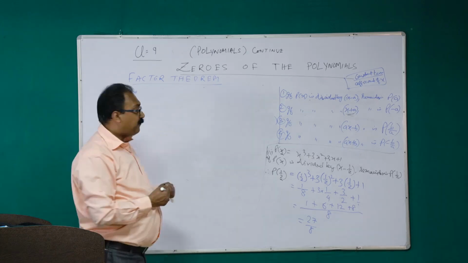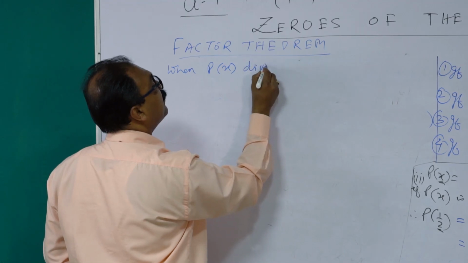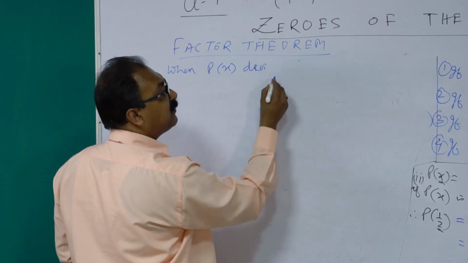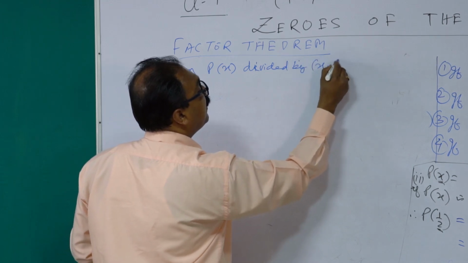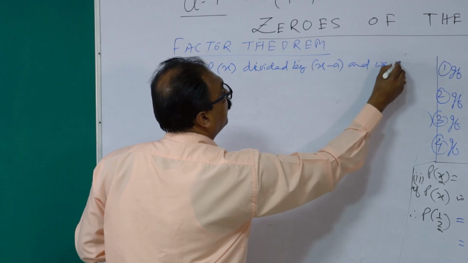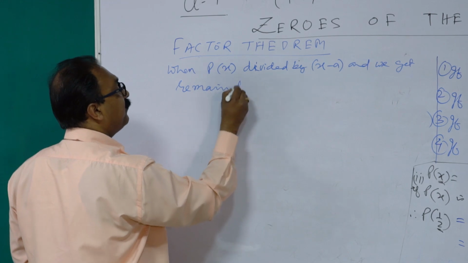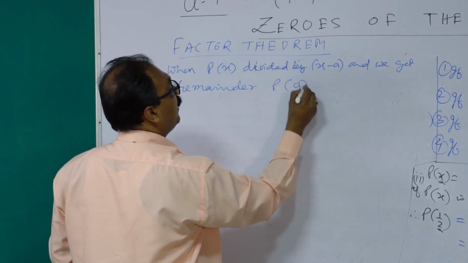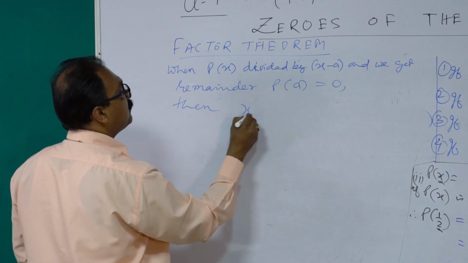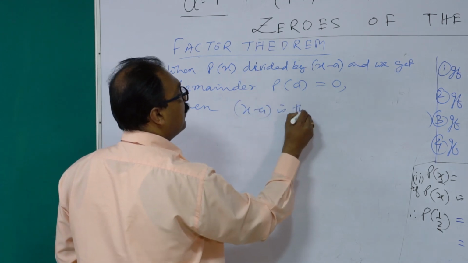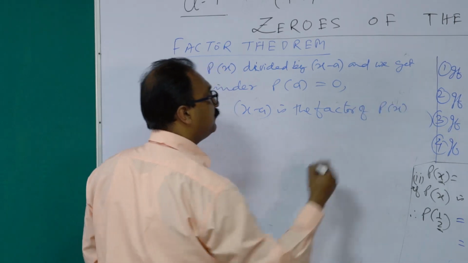Two things: if P of x is divided by x minus a and we get remainder P of a equal to 0, then x minus a is a factor of P of x.